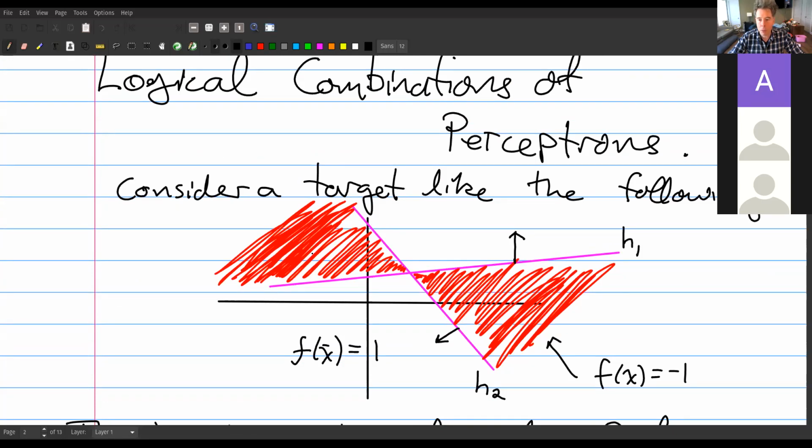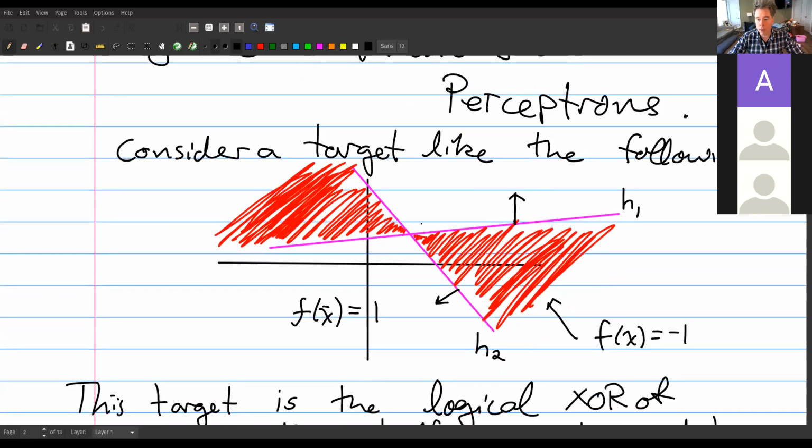that points out that this red region here is the exclusive OR of two linear decision boundaries. And they point out in this paper that there's no way to represent the exclusive OR of two half spaces, as you could call them, because they're not just hyperplane separations, they're also shaded in one direction.